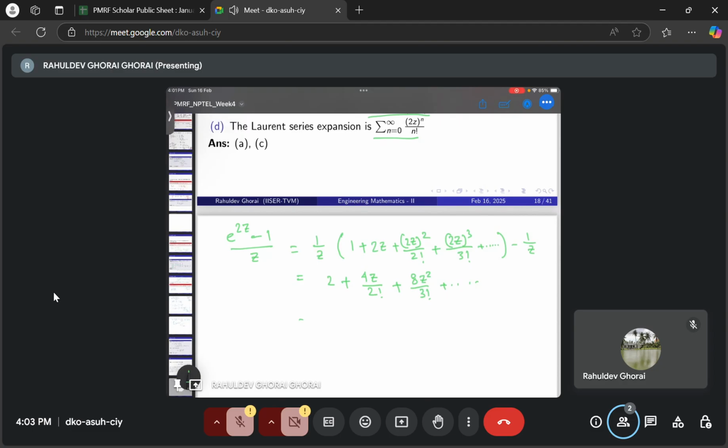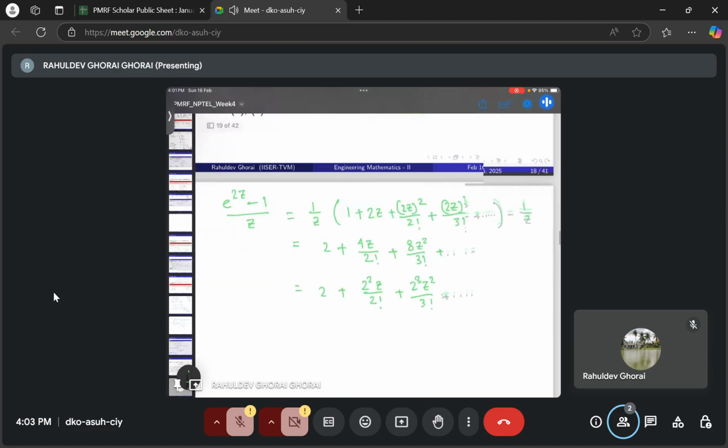So you can write 2 plus 2 square z over 2 factorial plus 2 cube z square over 3 factorial plus and so on.